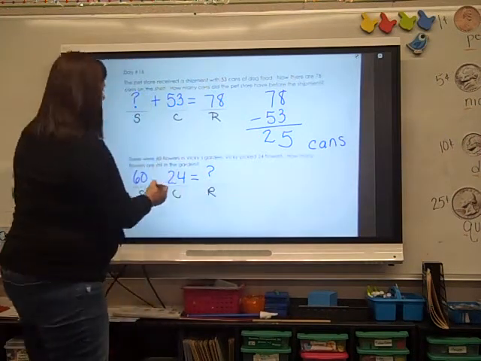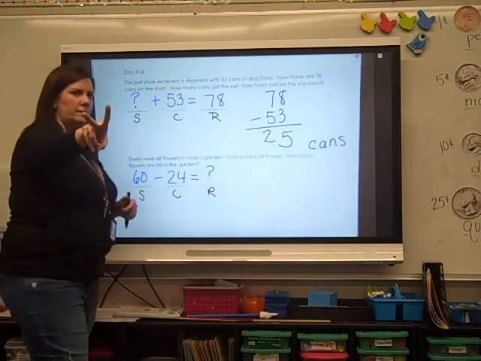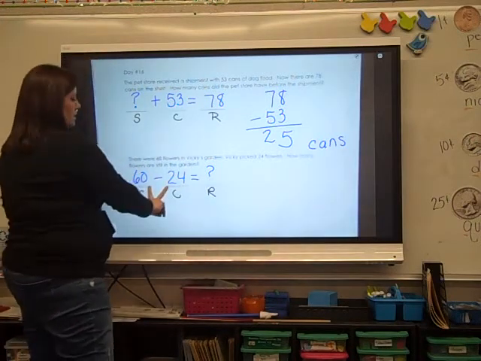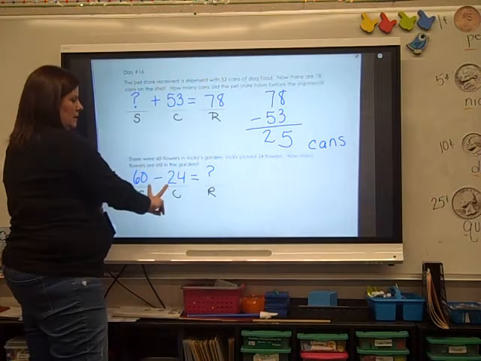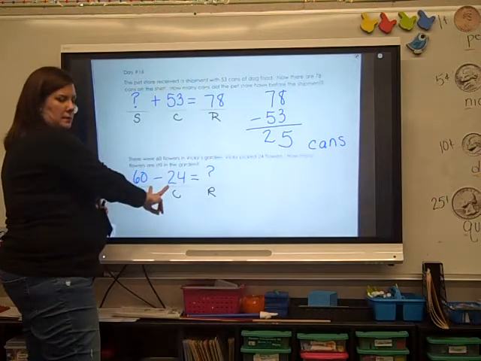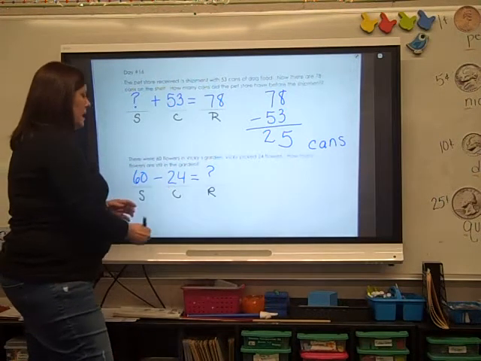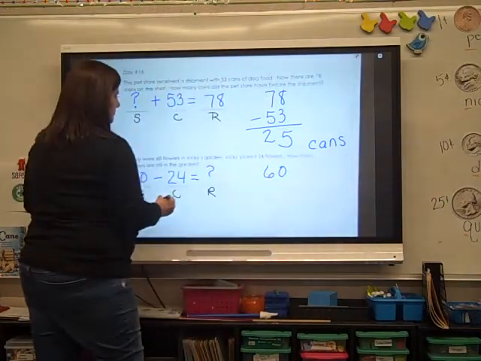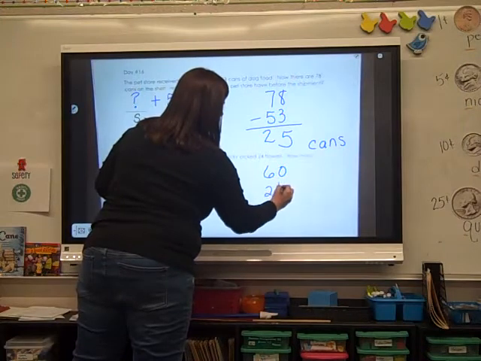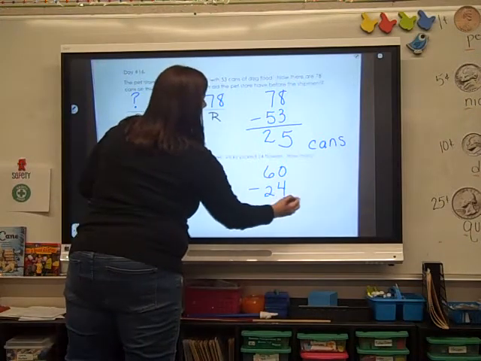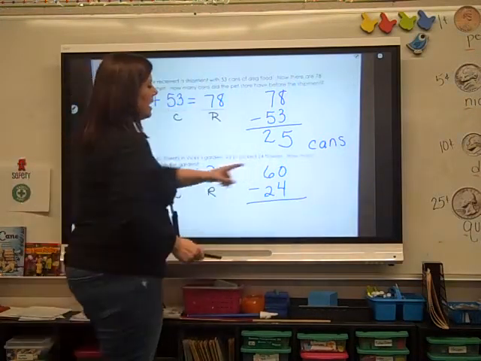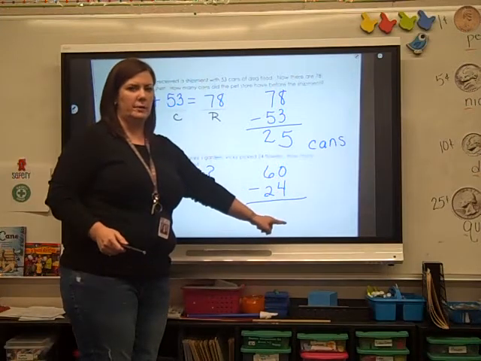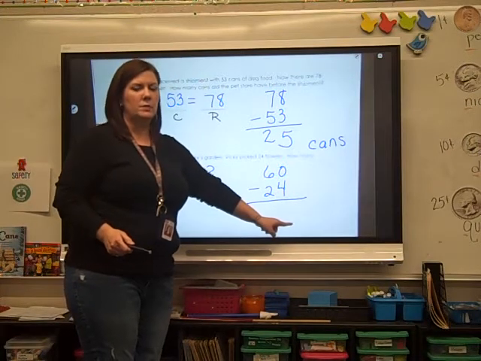Yep, we're subtracting. Use your two-finger strategy, guys. Put your fingers on both sides of that subtraction sign. Can I subtract? Yes, I've got a number on both sides. Go ahead and put it over here to the side. All right, start in that ones column. I hope you're not going to put a 4 down there. Stop and think what you need to do.